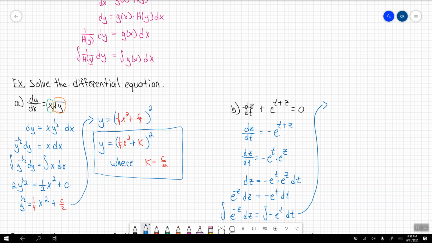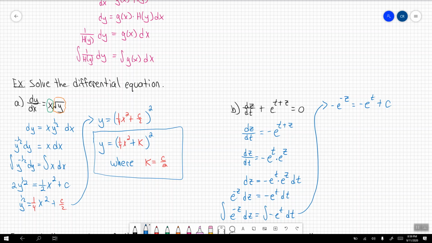All right, so on the left-hand side, integrating, we get negative e to the negative z. On the right-hand side, we integrate and we get negative e to the power of t plus my constant, which we'll call c. Okay, let's keep going.